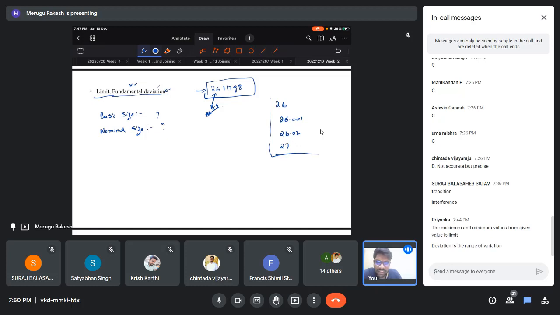Which value do you think is the nominal and which value do you think is the basic size? What is 26.00100 or 26.02?